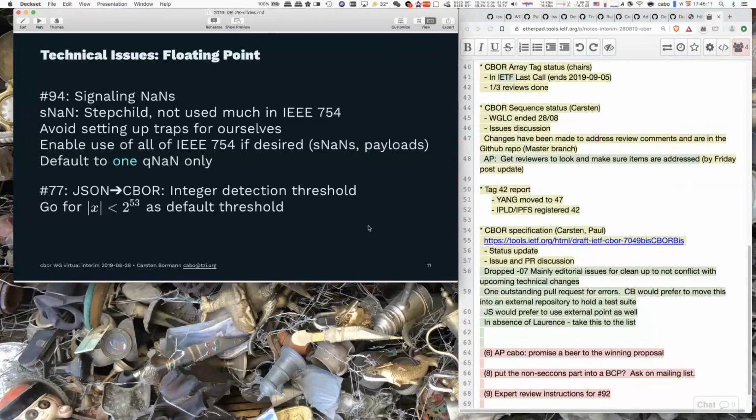So one issue is the signaling NaNs, the numbers that you can put on the wire, and which are really little booby traps, because when you get the receiver to put them into their data structure, at some point later in the processing, they will want to apply floating point operations on these, and then they get exceptions there.